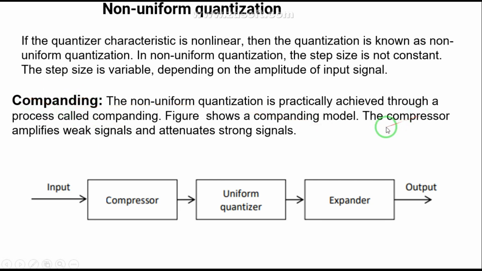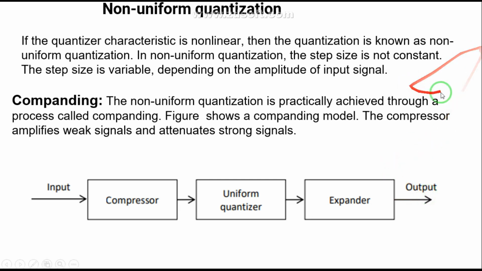So this is the figure that you can see, the companding model. It consists of first your compressor, then a uniform quantizer, and this is your expander. Input goes to the compressor and output is taken from the expander.